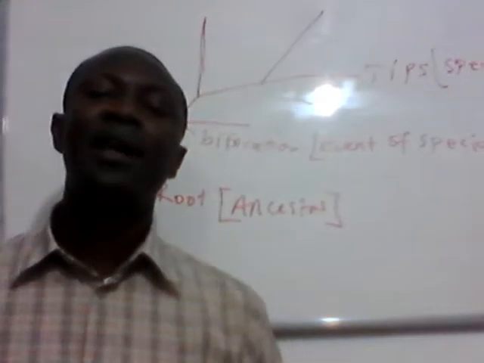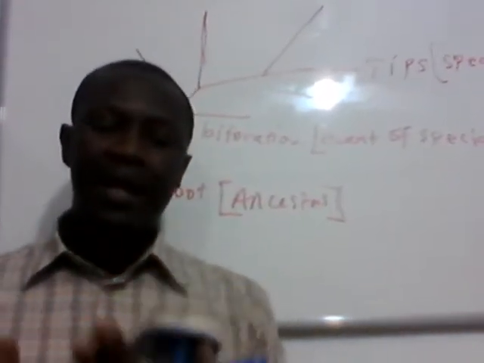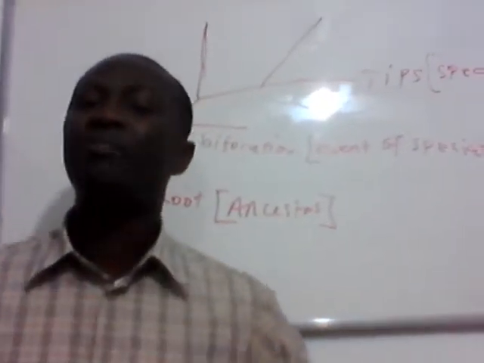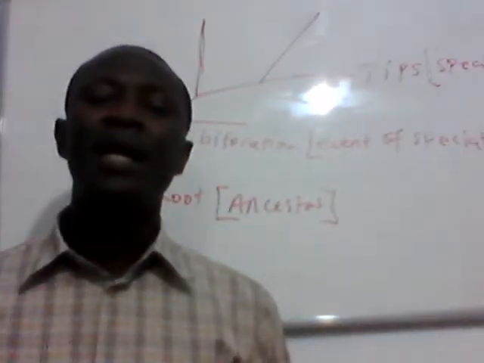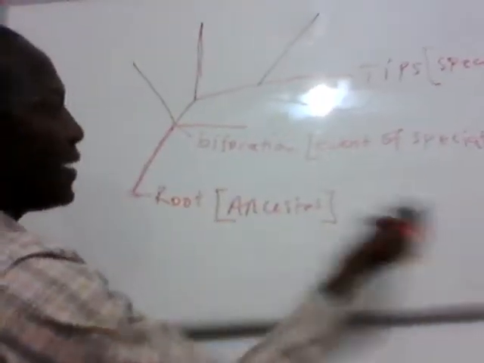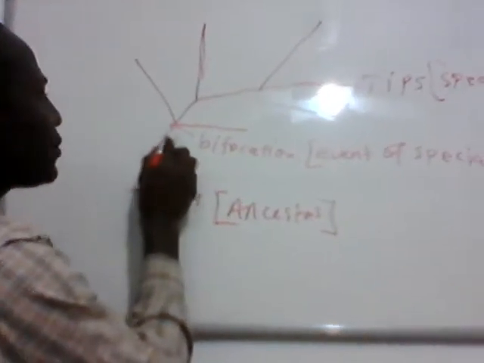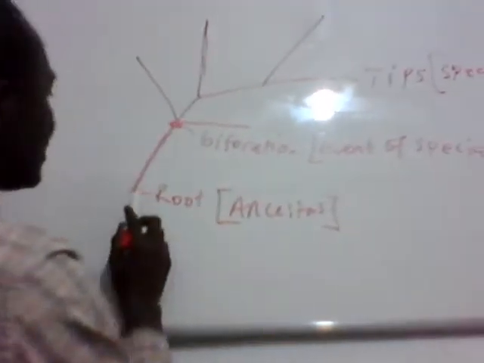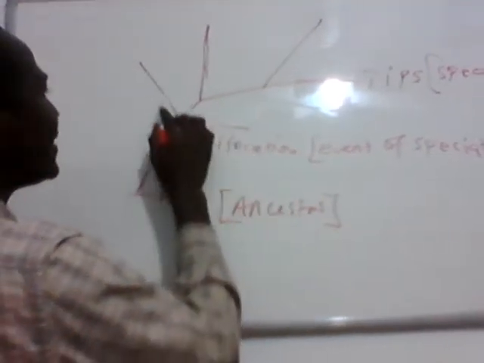Sometimes a single lineage can be divided into multiple lineages, which we call adaptive radiation. In this case, we call it a speciation event, since at this particular time this species has been split into two different lineages.